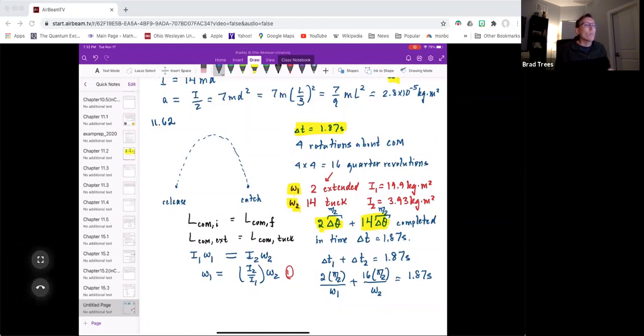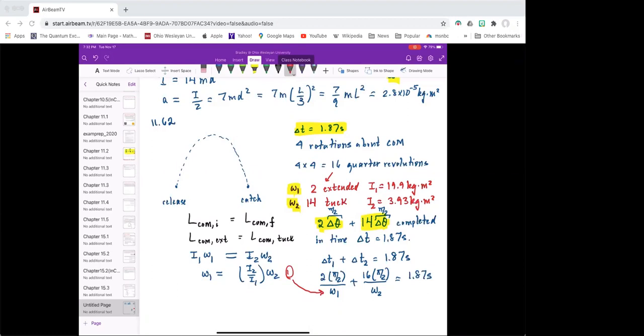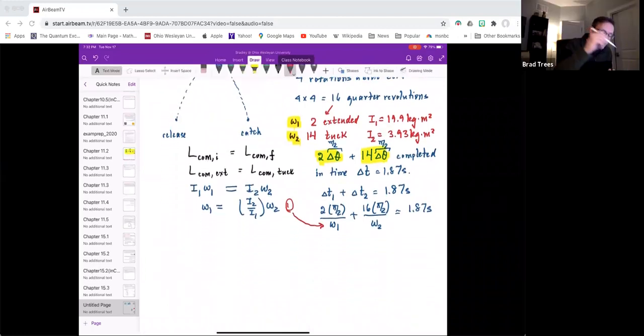Okay. Now, I'm going to combine this expression with equation 1, which enables me to write omega 1 in terms of I2 over I1 times omega 2. So I think I've gotten this down to one unknown only, but let's see how the math turns out. That 2 cancels that. That 2 cancels part of that, leaving me an 8.